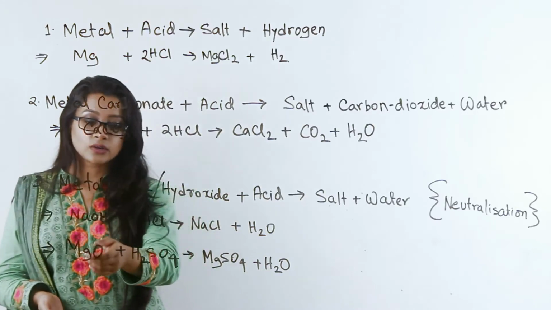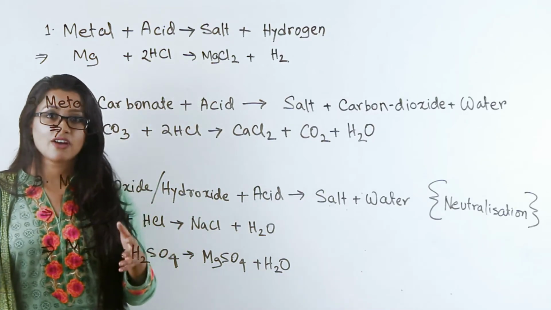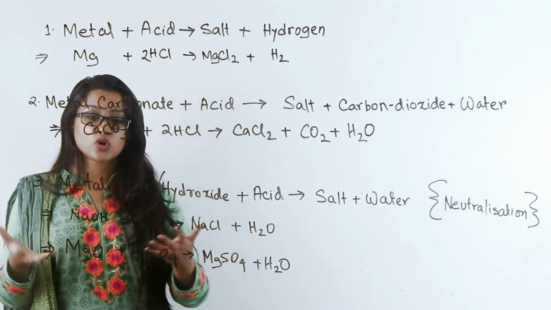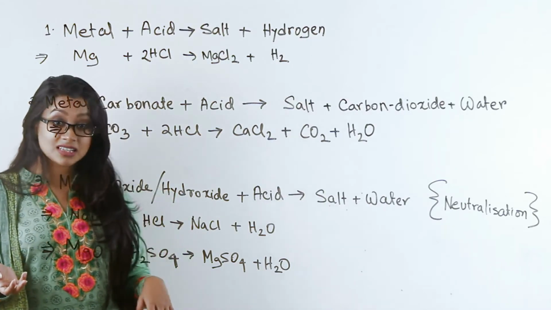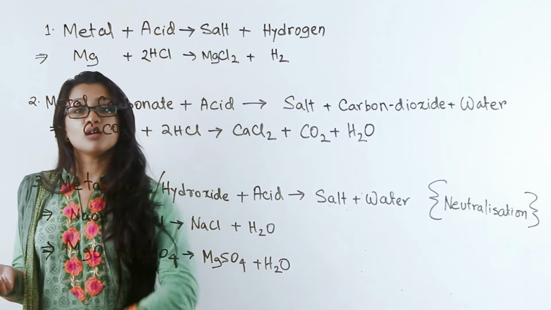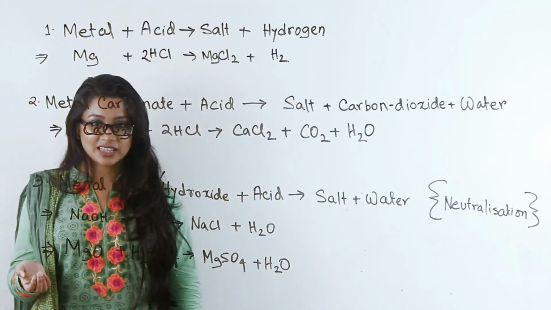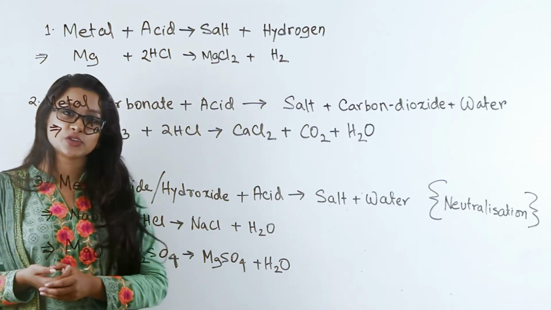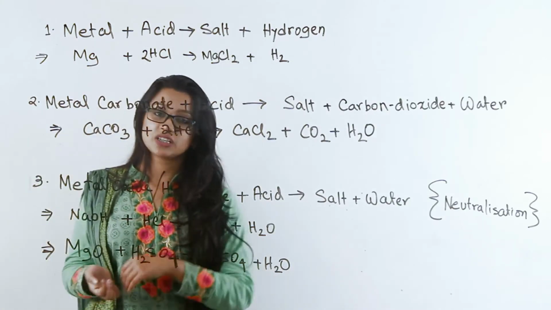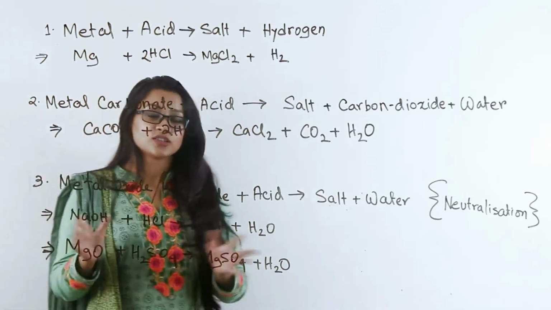And down at the very last, you have an equation showing what happens when a metal oxide reacts with an acid. So magnesium oxide is a metal oxide, and it reacts with sulfuric acid to form magnesium sulfate and water. So there you go.